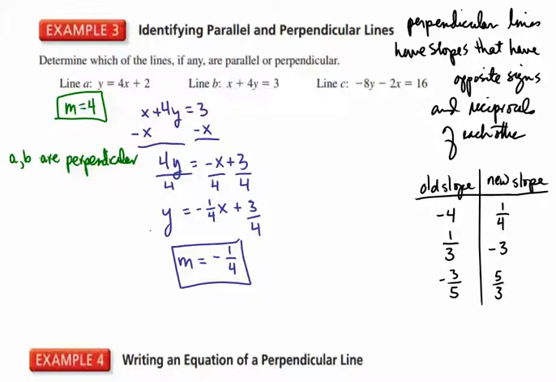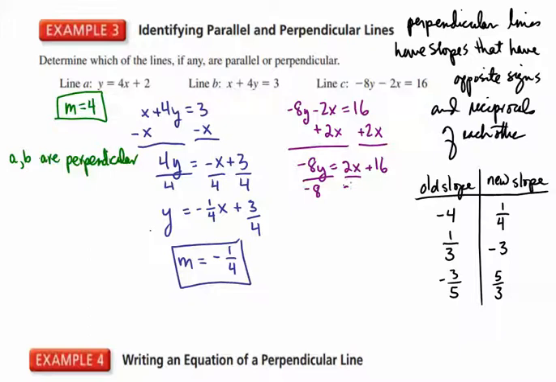Next, we'll go on to line C. Line C, we have -8y minus 2x is equal to 16. What we want to do here is to isolate the y. We do that by adding 2x to both sides. We end up with -8y is equal to 2x plus 16.